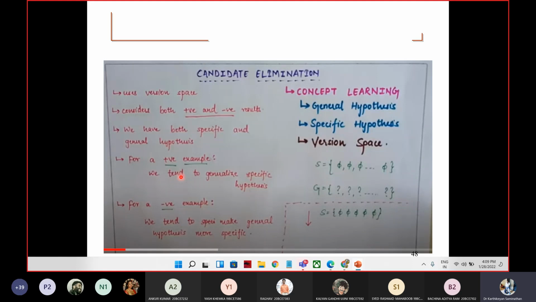Then for each positive example, we need to generalize the specific hypothesis, meaning you need to update the specific hypothesis. For each negative example, we need to make the general hypothesis more specific. Simply, for every negative example you update the general hypothesis, and for every positive example you update the specific hypothesis. That is what the algorithm says.